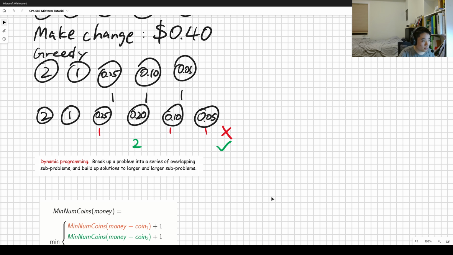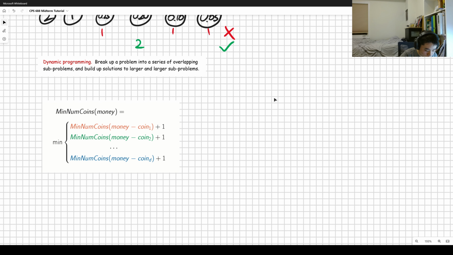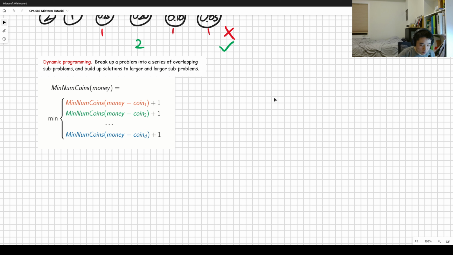I'm gonna scroll down here and see if we can at least reduce the target total with one of the coins. If we cannot, then we just cannot.